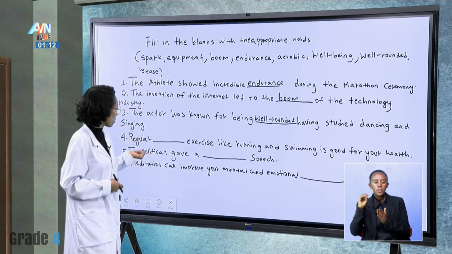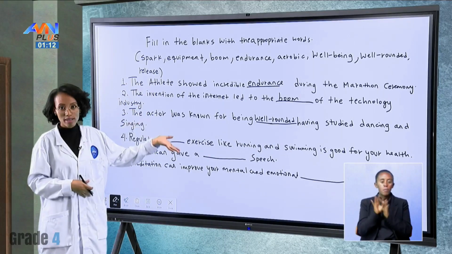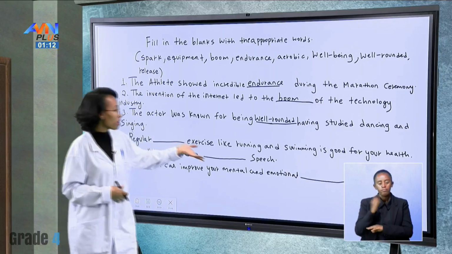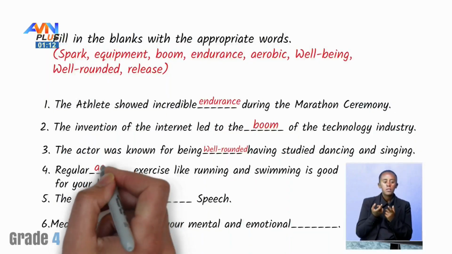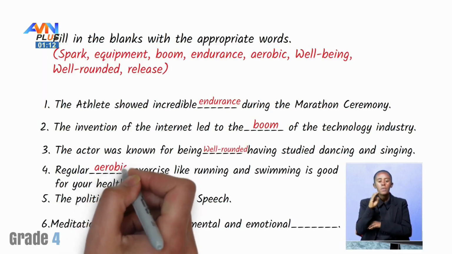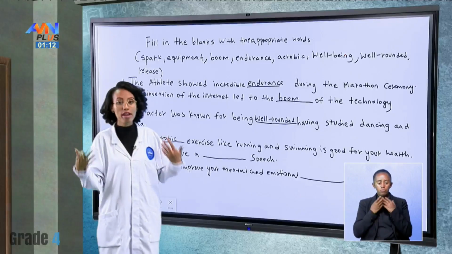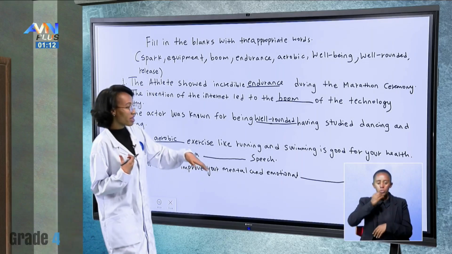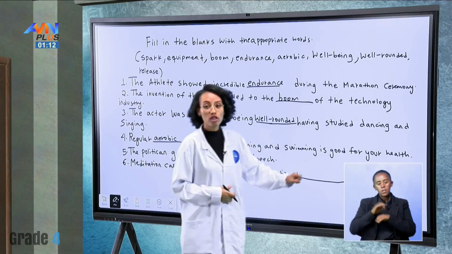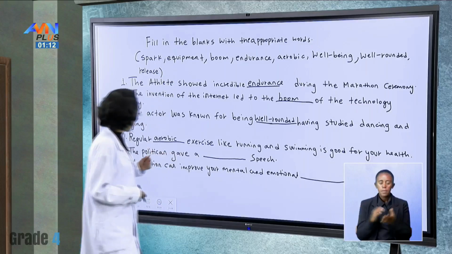Okay, number 4, regular what? Dash aerobic exercises like running. Regular aerobic exercises. Exercises that require your body to take in oxygen. Exercises like running and swimming is what? Good for your health. Okay, number 5.